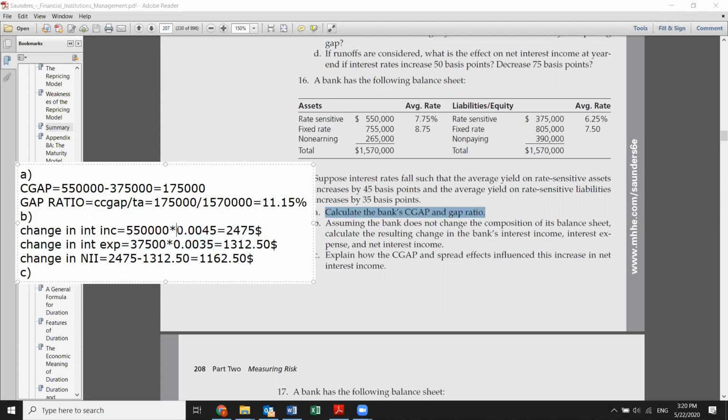So you can see that there's a positive. If it was vice versa, then you could see that it's reduced. So change in interest income is more than the change in interest expense, even in this case of the spread. So this is the explanation that should be in part C.